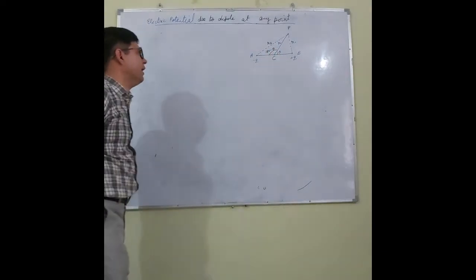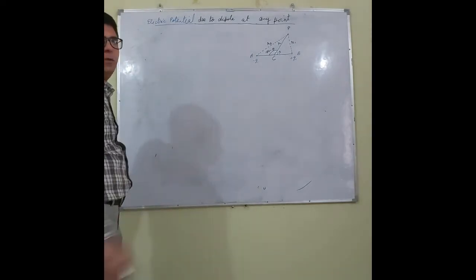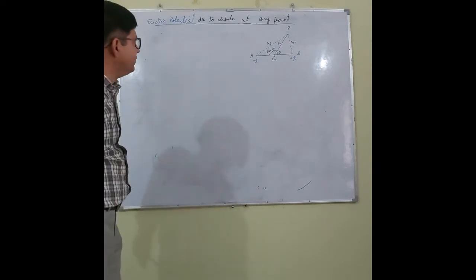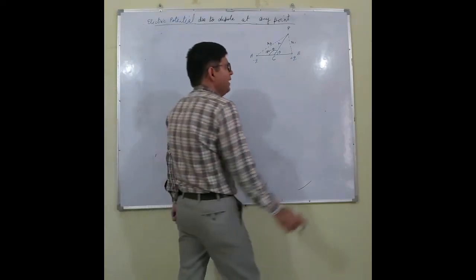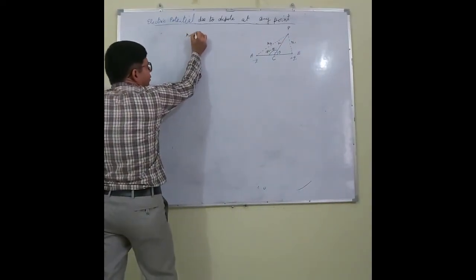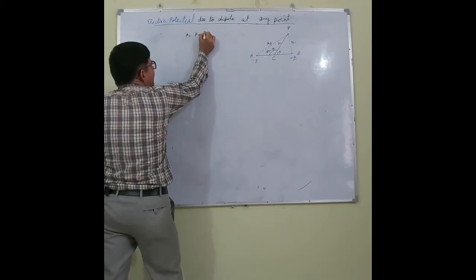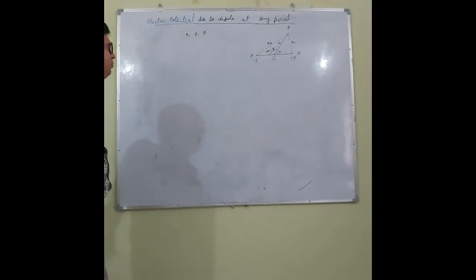Linear pair, and the total angle on a straight line is always 180 degrees. So that's why this angle is 180 minus theta. Now I have to calculate the electric potential in terms of R, p, theta. Can you calculate? Very simple.